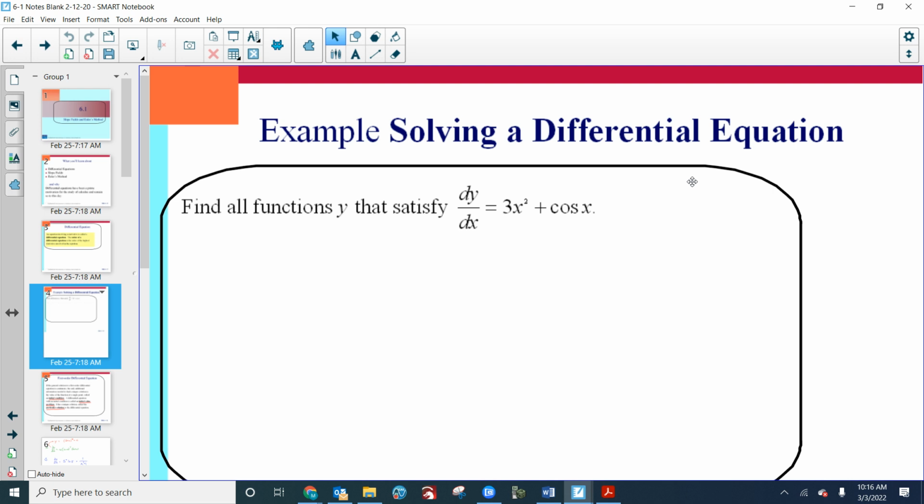That's a 3x squared plus cosine x. Any takers? Hi, Avery. Any takers? Cool. X cubed plus sine x plus c.